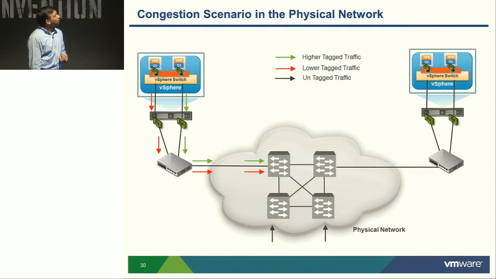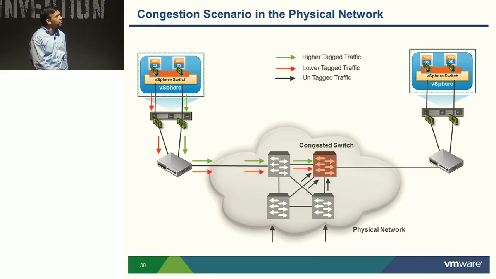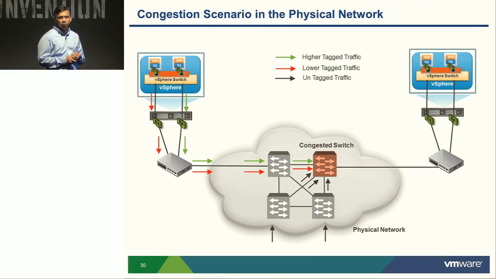This is a quick example of what happens in the physical network when a tagged packet goes out. What I'm showing here is that the green arrow is a higher tagged packet, the red arrow is lower tagged traffic, and the gray arrow is not tagged traffic. If that traffic goes out on this particular physical switch, you see that the physical switch is congested now, because it is getting all the traffic from different ports, and the traffic is going out on one physical switch port.